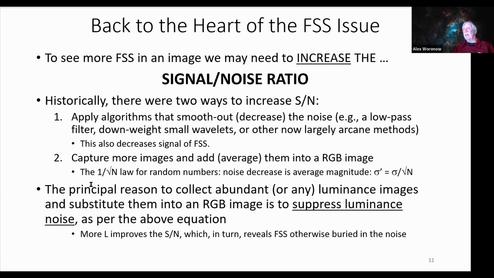Now, in principle, that's the reason why people began capturing luminance images. You can capture luminance images much more quickly to reduce noise, to reduce luminance noise, and only luminance noise. Then you can capture individual R, G, and B frames. So that was a quick way of reducing noise to some degree, is capture the luminance.